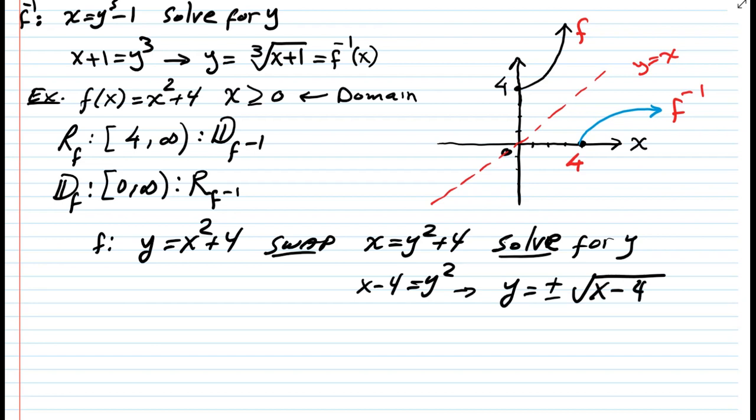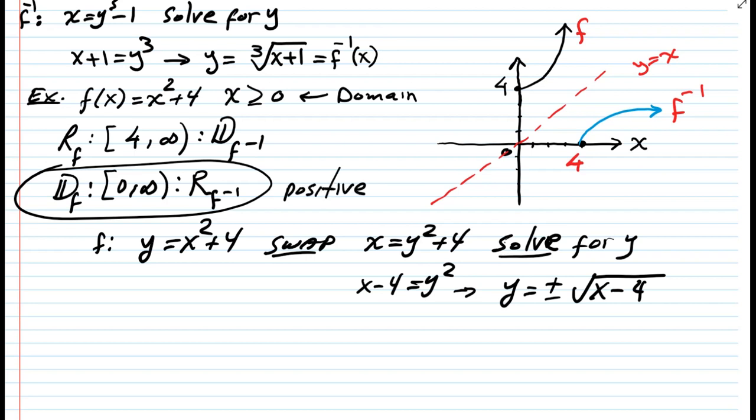Now because the domain of the inverse function is right in here, the domain of the inverse function is from 4 to infinity. And what about the range? Oh, the range actually is 0 to infinity, so that means positive, correct? And when we think of range, we're thinking about y values, positive in this case, because 0 to infinity.